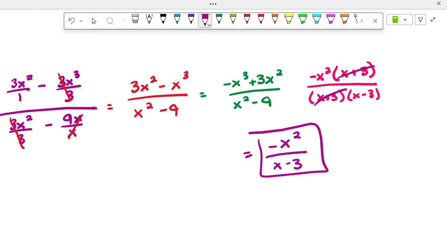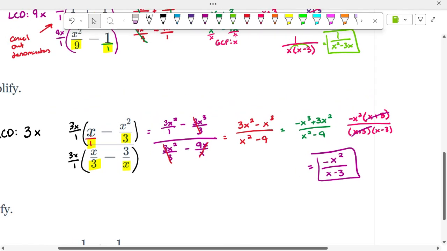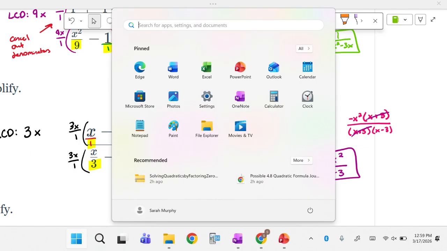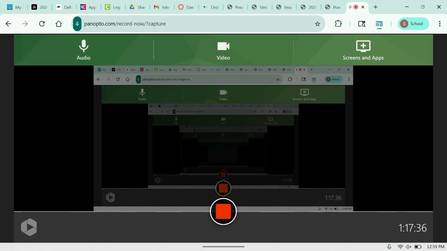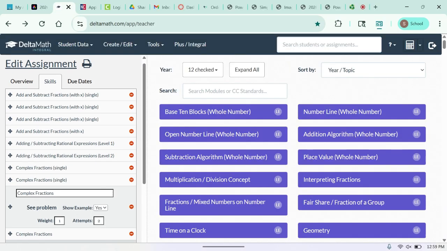Now, why I wanted you guys to write these down, guess what? I just did 5 problems of your Delta Math for you. You can just put them in. So, in your Delta Math, you should have a new one.